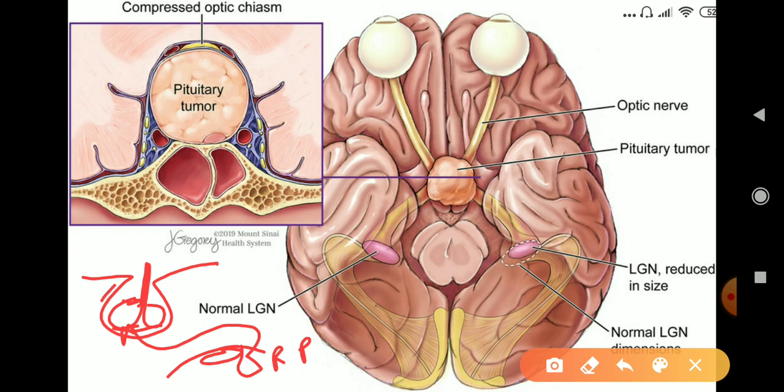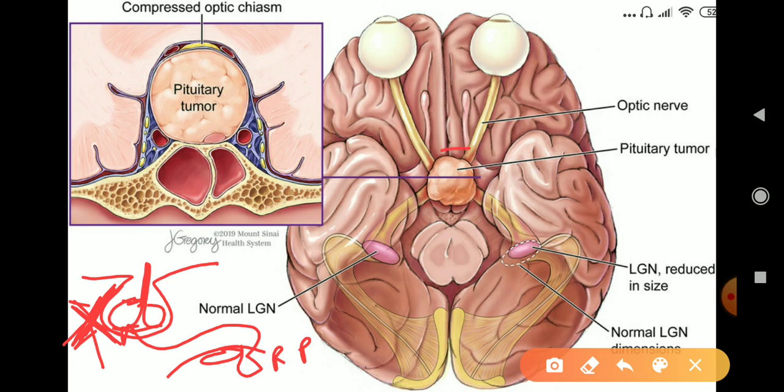That is the optic chiasma, the crossing of the fibers of the optic tract. They cross and go to the contralateral eye. This is the optic chiasma, which is commonly compressed by a pituitary tumor, mostly a tumor of the anterior lobe. It causes compression and visual defects.